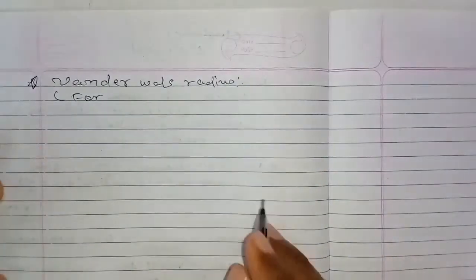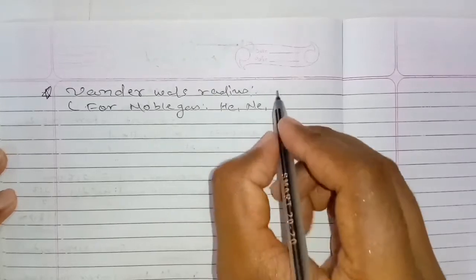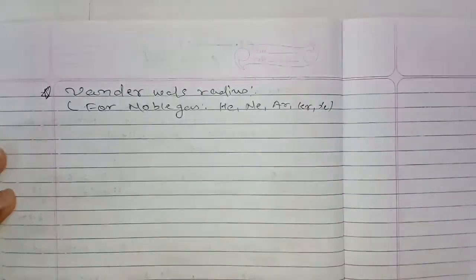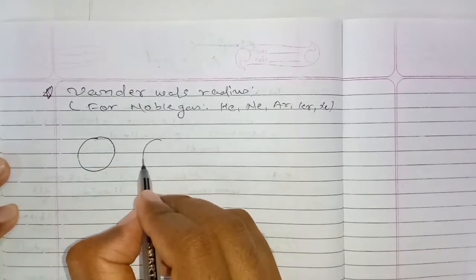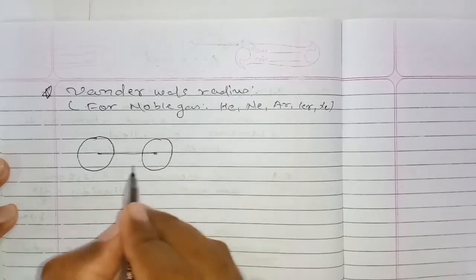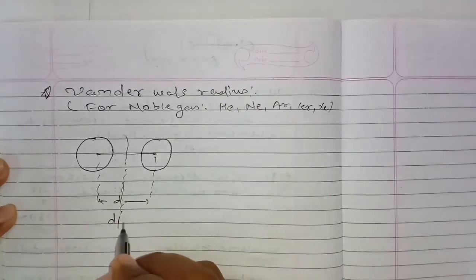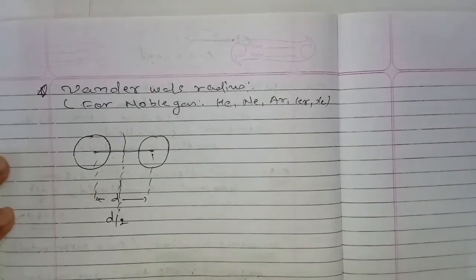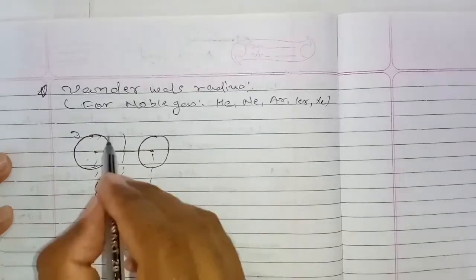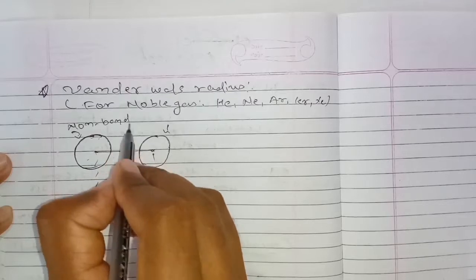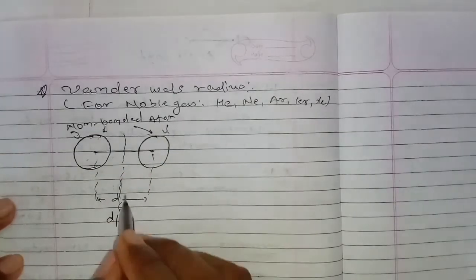This is mainly for noble gases like helium, neon, argon, krypton, xenon, etc. Half the distance, where the distance is d and its half distance is d by 2, between the closest approach of the two non-bonded atoms of the given element.